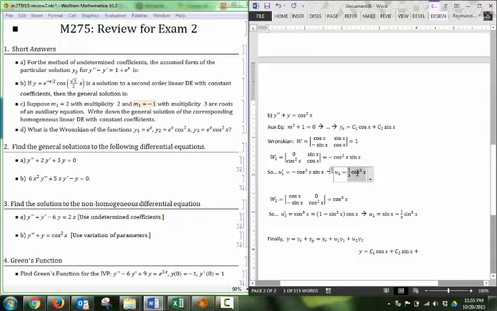U1 is this thing, and then Y1 was the cosine of x, and then plus U2 is this thing, and since this has multiple terms, I better put parentheses around just in case.